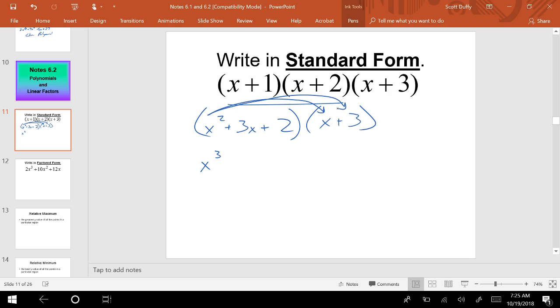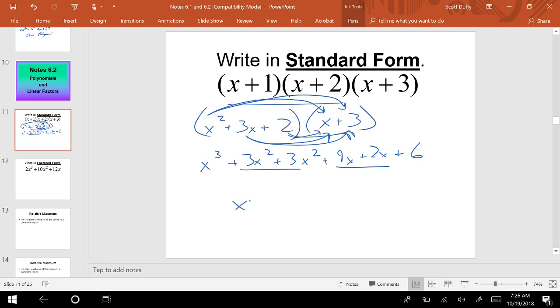Multiply this by 3, you get 3x squared. Multiply this, you get another 3x squared. Multiply, you get 9x. Then take the 2 times x, it's 2x, 2 times 3, 6. Combine like terms. And then I will finish this in a bit.